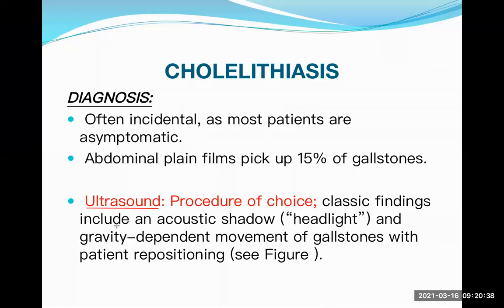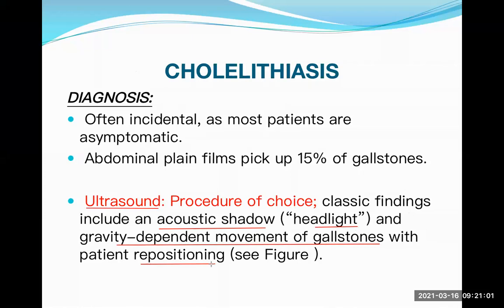The classical findings in case of cholelithiasis on ultrasound are an acoustic shadow, that is like a headlight appearance, and there is a gravity dependent movement of the gallstone when we reposition the patient. So that shadow shifts when we move the patient a bit.